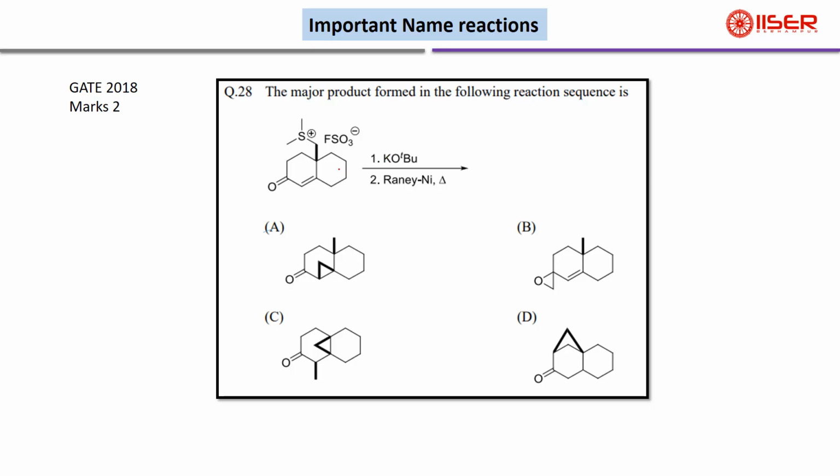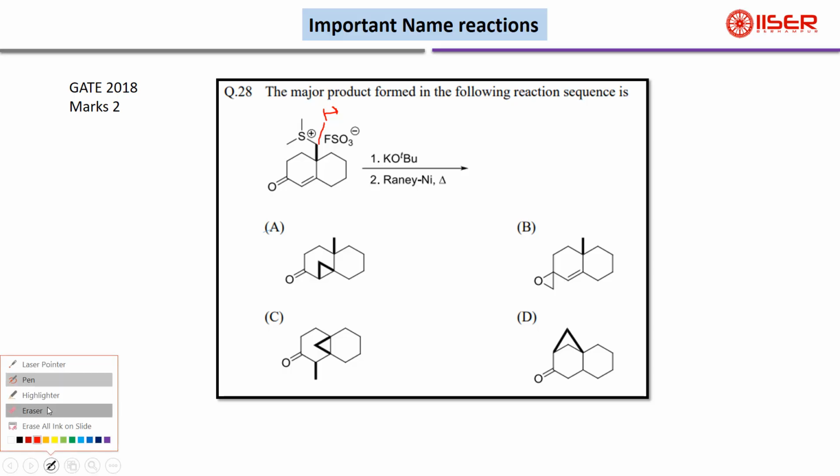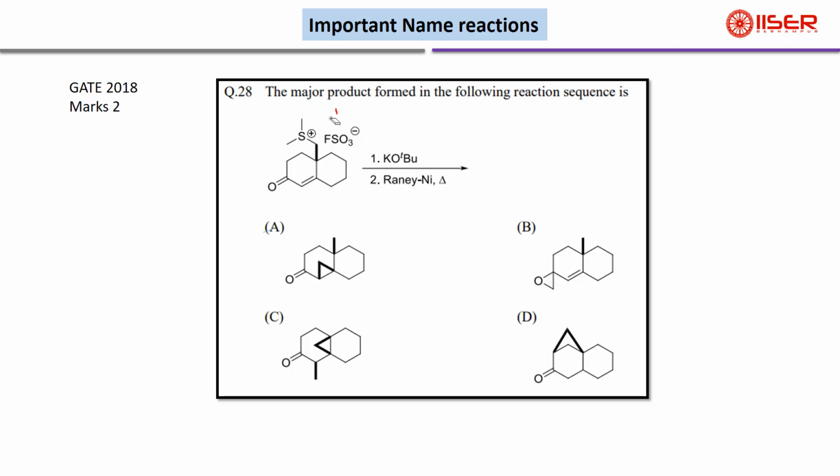So what will happen in this case? If you add a base, there is a proton here, so that will be deprotonated and generate a negative charge. So that will come and attack here.